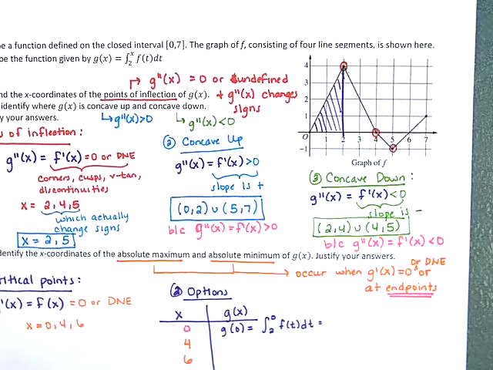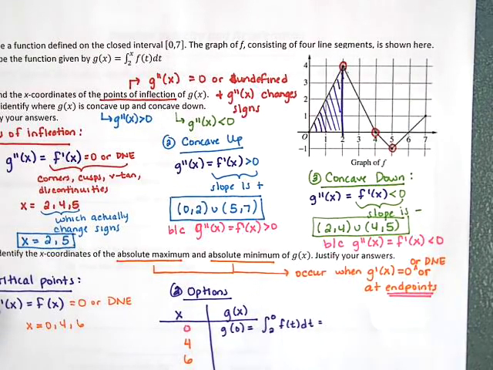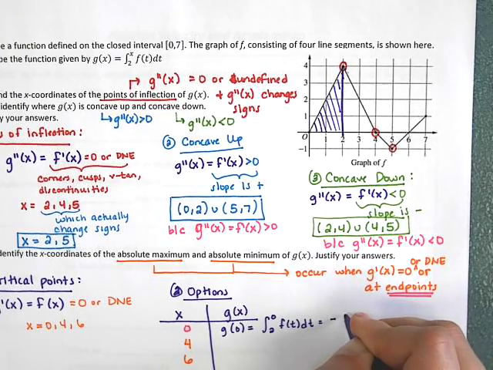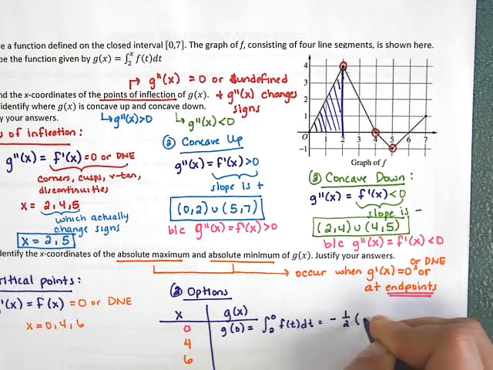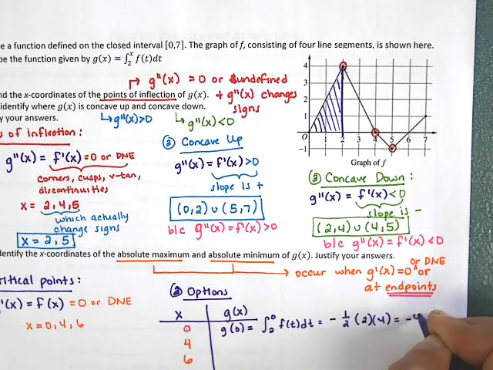But what you'll also notice is that I'm going backwards. The bounds are in the wrong order. So even though this would normally count as a positive area, since it's above the x-axis, in this particular problem, it's going to count as a negative. So I'm going to have negative, and then 1/2 times the base, which is 2, times the height, which is 4, which is just going to be -4.